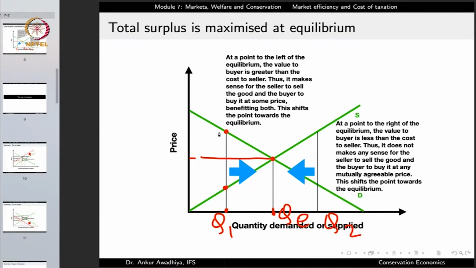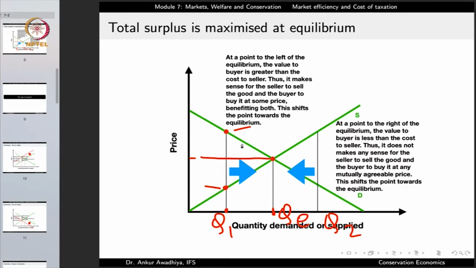So at any point to the left of the equilibrium, such as this point Q1, the value to the buyer, which is this, is greater than the cost to the seller, which is this. Thus, it makes sense for the seller to sell the good to the buyer, and it makes sense for the buyer to buy it from the seller at some price that will benefit them both.